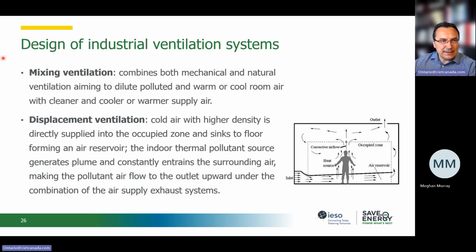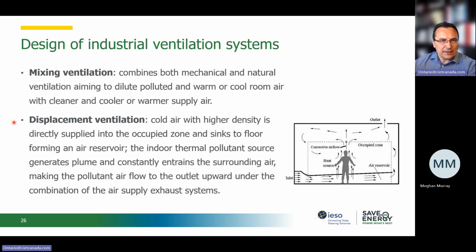Designing industrial ventilation systems. We talked about mixing ventilation, which reduces the concentration of contaminant by dilution. We provide this air in the space, we mix clean, fresh air with the room air, and we reduce that concentration.